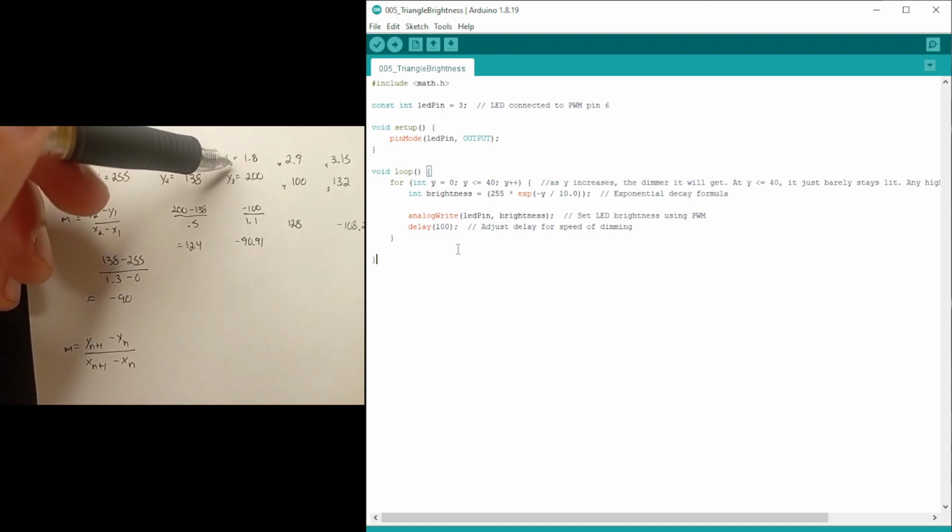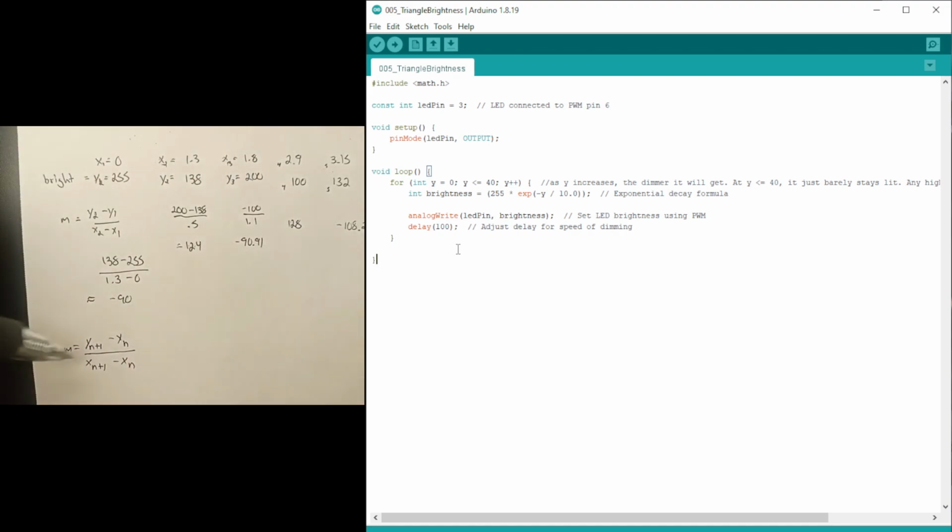Let's say you choose the third one, x3, or n equals 3. So it'd be like y(3+1) minus y3 over x(3+1) minus x3.